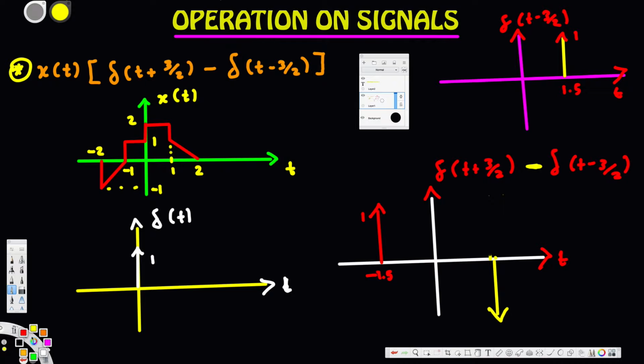Because of this minus, it flipped to the downward. Now we have taken care of this part. Now here you can see we have multiplied this by x of t. x of t is this graph right here. The given graph is x of t. Now let's see how we can combine this one with this one.